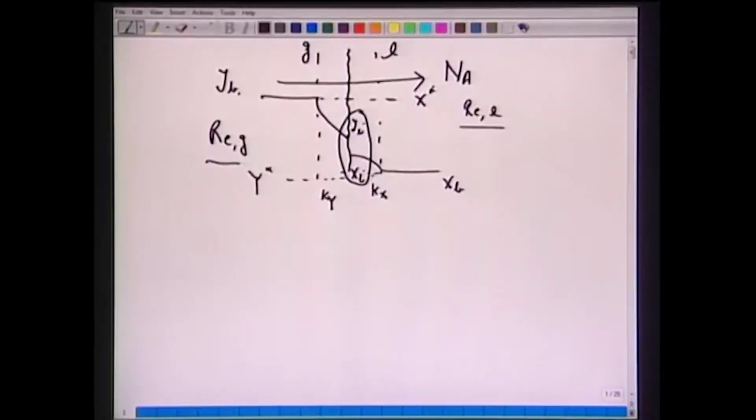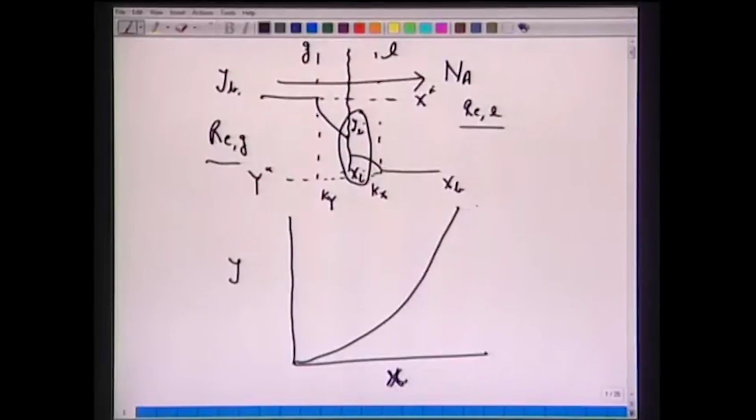Okay, so these are the different concentration levels which we have marked here, and then corresponding to this, if we draw this line of y versus x mole fractions, then we have this equilibrium curve, say solubility data, y as a function of x. We mark on this the bulk concentrations, so we have yB and we have xB.